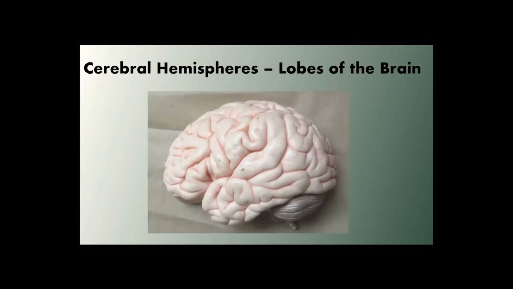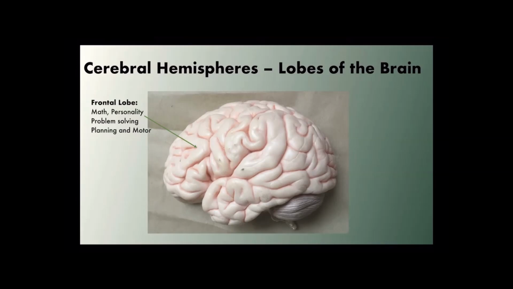Let's spend some time looking at the cerebral hemispheres, the lobes of the brain. Can you identify them? Here. That's right. That's the frontal lobe. What do we find in the frontal lobe? That's right.